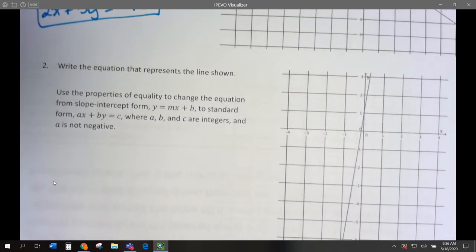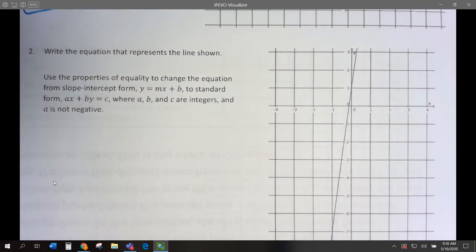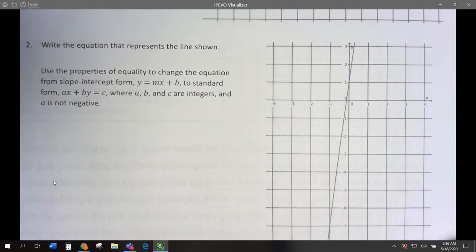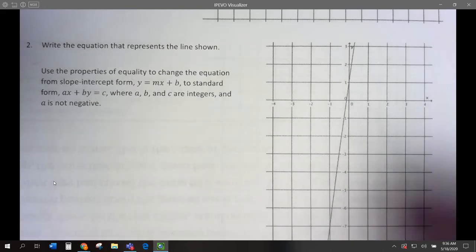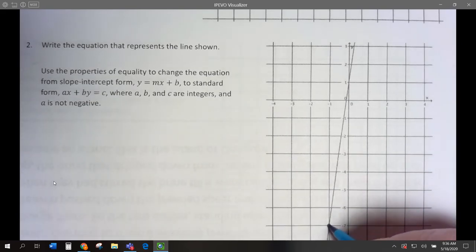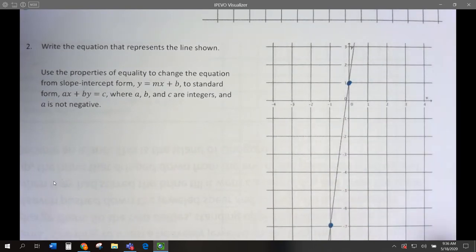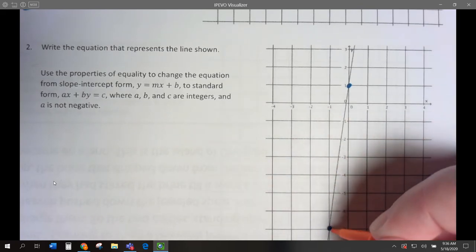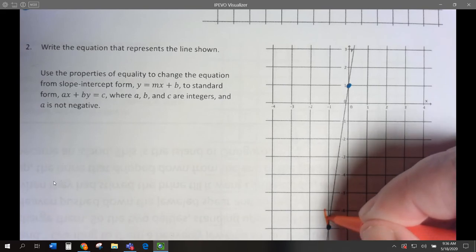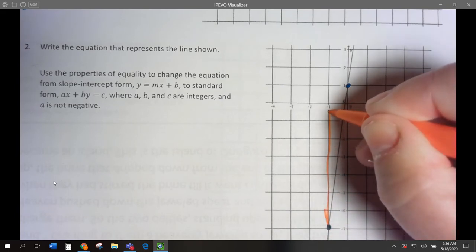Let's go on to number 2. Once again, y equals mx plus b, so let's find our slope. I'm going to pick 2 points. This is at an intersection, and this is at an intersection. So let's do our rise over our run. Our rise is positive because we're going up.